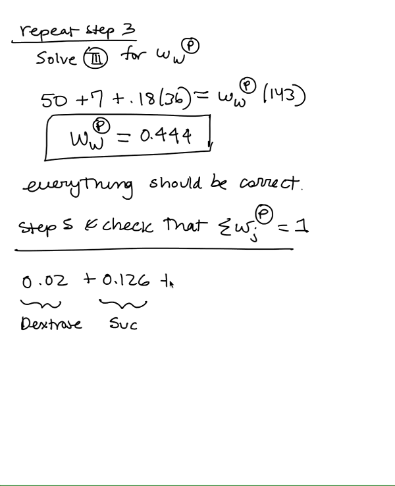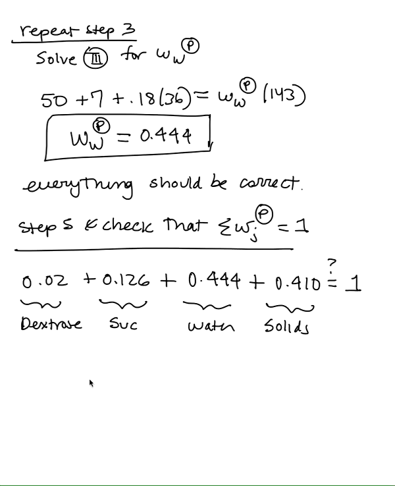And then we just calculated that the water is 0.444. And previously we figured out that 41% of this was the solids. And the question is, is that equal to 1? And the answer is yes, 1 is equal to 1 when you add that all up. So the answer is correct.